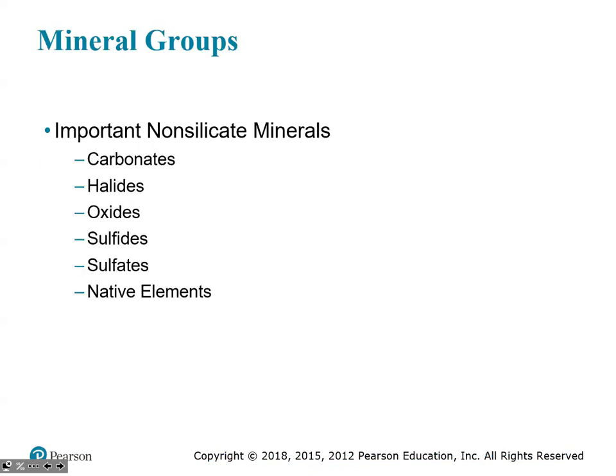So, some of the important non-silicate minerals are generally named for the ions that make them up. So they're usually some metal ion and the other thing. A carbonate has carbonate ions, which is CO3.